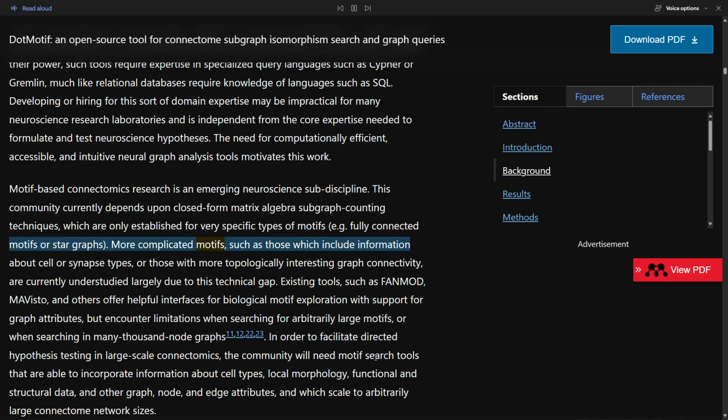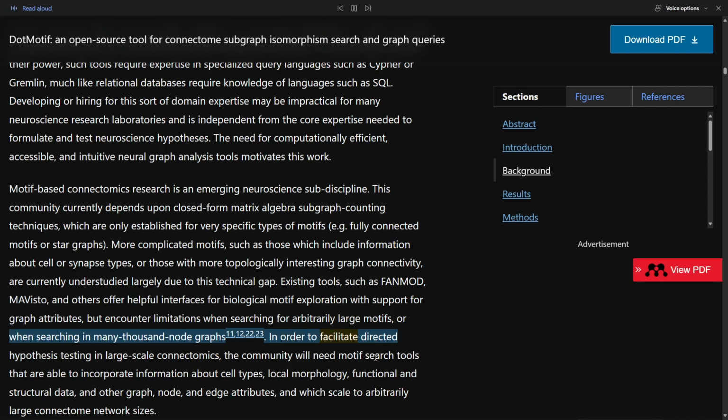More complicated motifs, such as those which include information about cell or synapse types, or those with more topologically interesting graph connectivity, are currently understudied largely due to this technical gap. Existing tools, such as FANMOD, MAVisto, and others offer helpful interfaces for biological motif exploration with support for graph attributes, but encounter limitations when searching for arbitrarily large motifs, or when searching in many thousand-node graphs 11, 12, 22, 23.